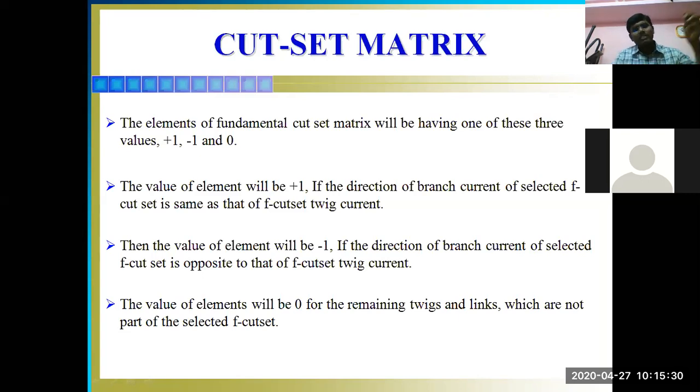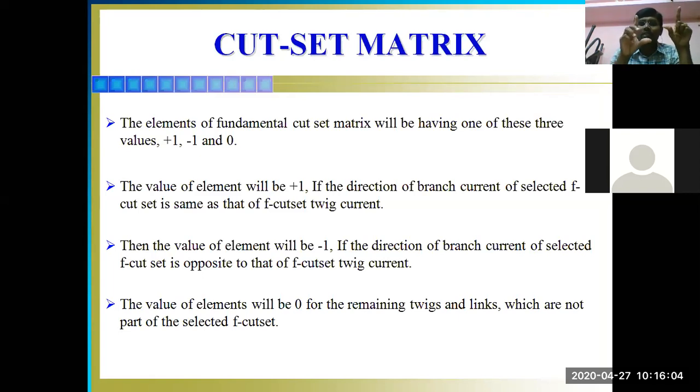It is -1 when the direction of the selected branch of the selected cut set is opposite to the direction of the twig of that cut set.